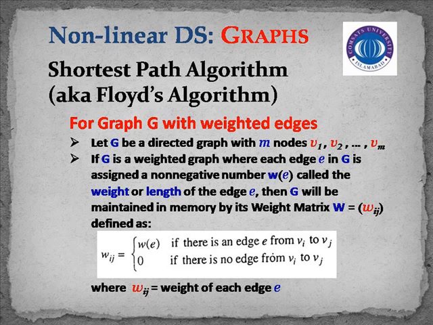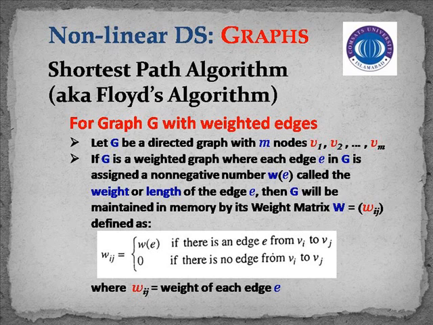If G is a weighted graph where each edge E in G is assigned a non-negative number W of E called the weight or length of the edge E, then G will be maintained in memory by its weight matrix W along with the entries Wij, such that Wij indicates the weight of the edge between Vi and Vj.